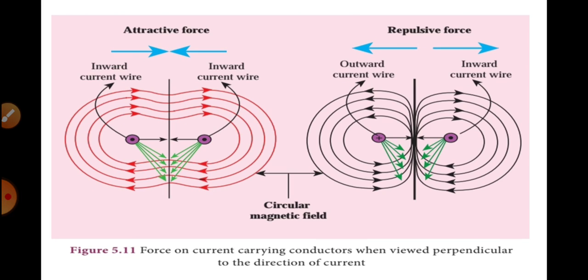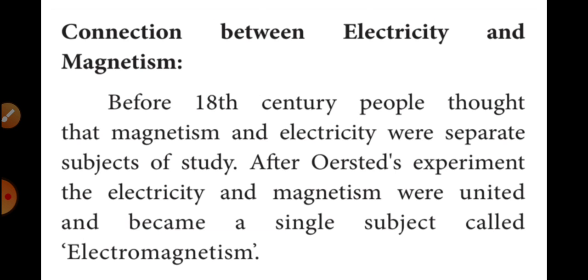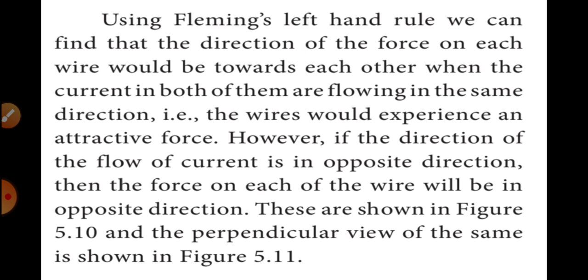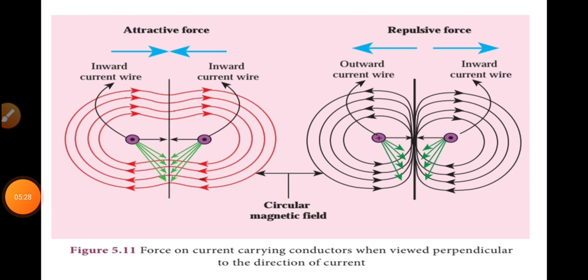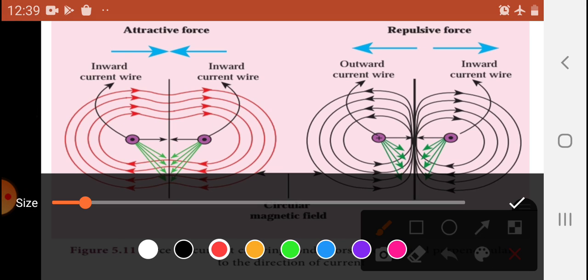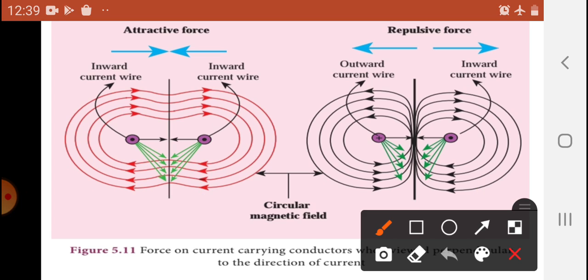You saw this diagram. In this diagram 5.11, we see the force on current carrying conductors when viewed perpendicular to the direction of current. In the first one, the current is inward, and on this side also the current is inward.